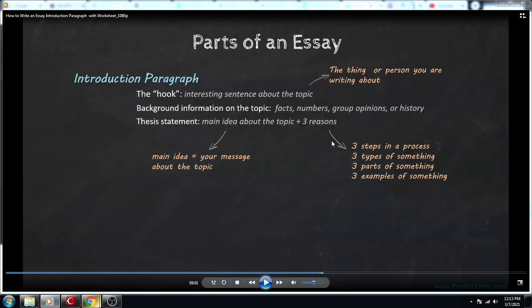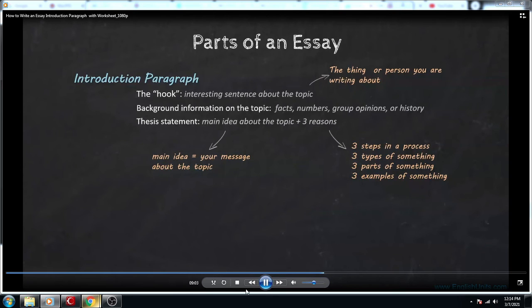So I use the word subtopics or points of development to include any of these, whether they're steps, as in a process essay, or types, or parts, or examples, or reasons, the 3 subtopics in a stated thesis. In an implied one, you do not have to mention them, but 3 has to be there, implied. But usually we have a stated thesis.